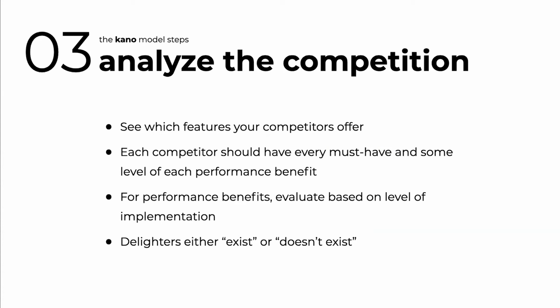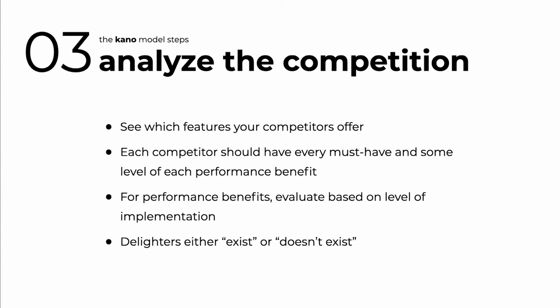Perfect. All right. So once you know what buckets your features fit into, then you can take a look at your competition and see how our competition deals with these features. I'm not going to illustrate it here, but you just create a spreadsheet with the competitor and the features, and you can check off how well they've implemented each one.